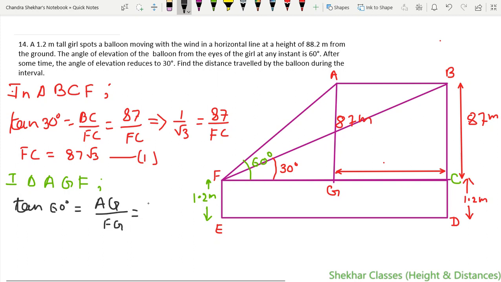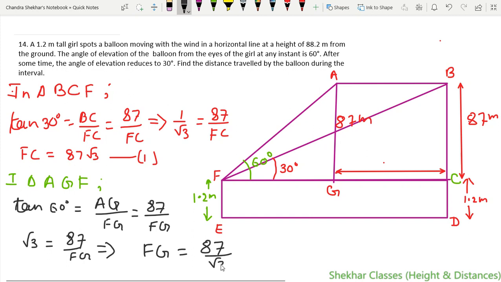AG is again 87 meter, and FG is to be calculated. Tan 60 is root 3, equal to 87 upon FG. So finally we can say FG is equal to 87 upon root 3. So that's the second one.